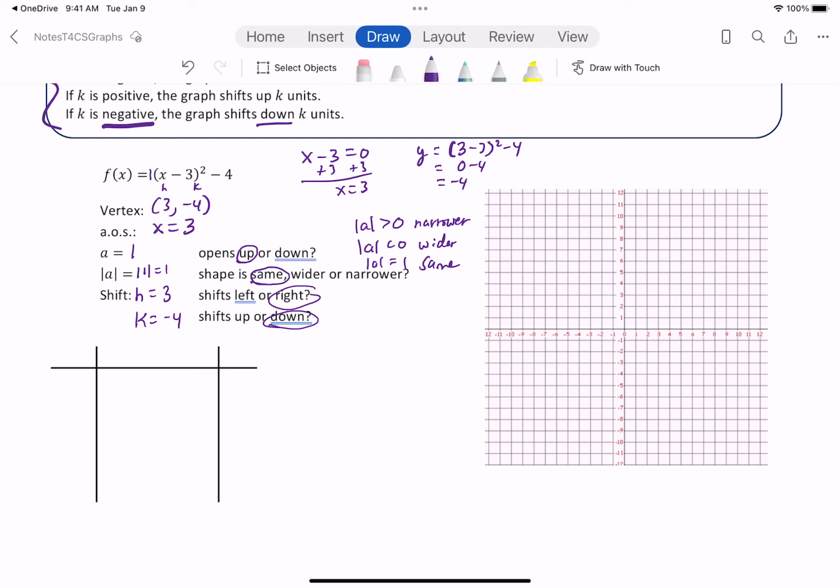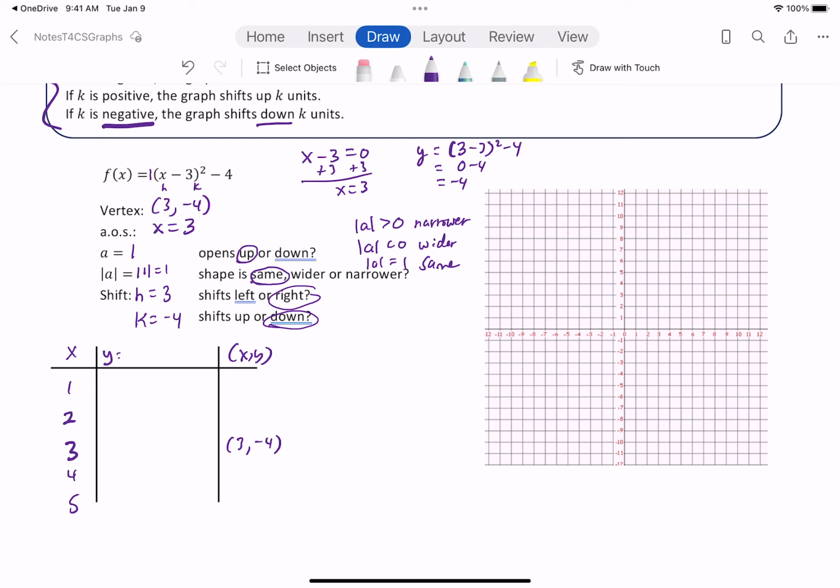So the nice thing about this one is the vertex is kind of spelled out. So I know that I'm going to put that one in the middle. So my vertex, when x is 3, the y is -4. My a was 1, so I'm just going to step 1 in each direction again.